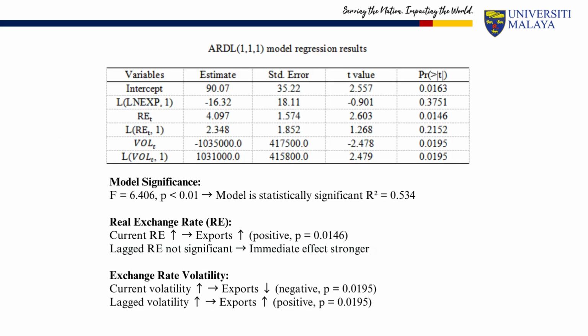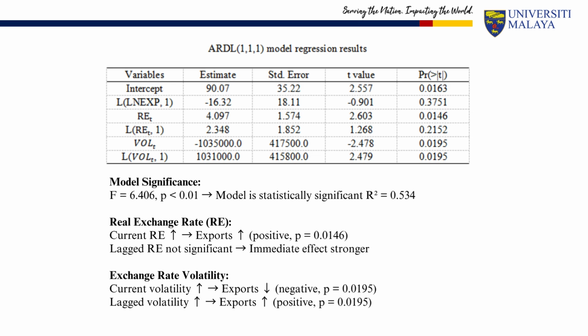So here is the result of the model. First, the model is statistically strong. The F value is 6.4 with a p-value less than 0.01, and R squared is 0.5, which is acceptable for small sample studies. So for the real exchange rate, the current term has a positive and significant effect on exports.